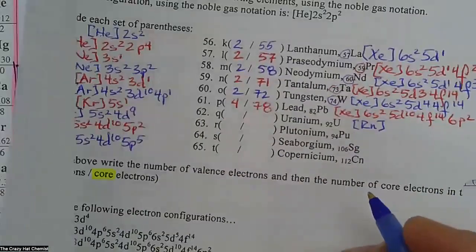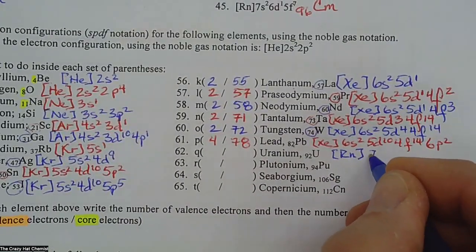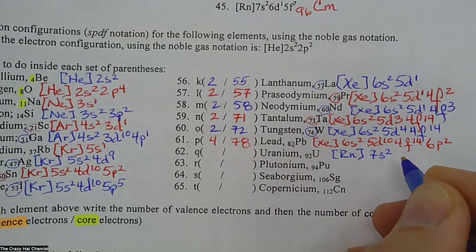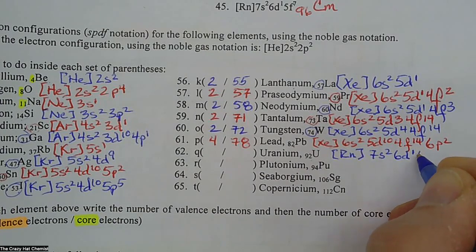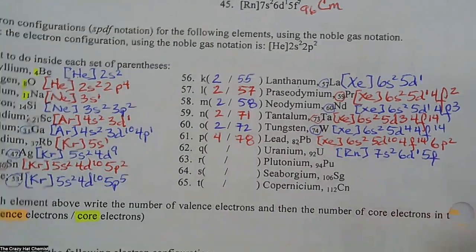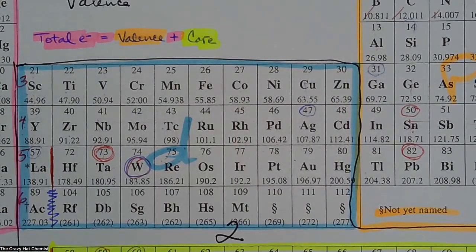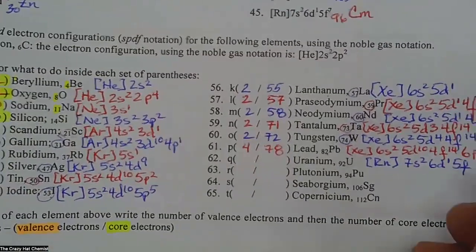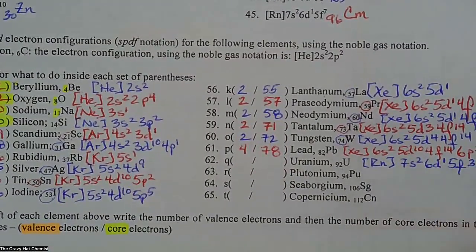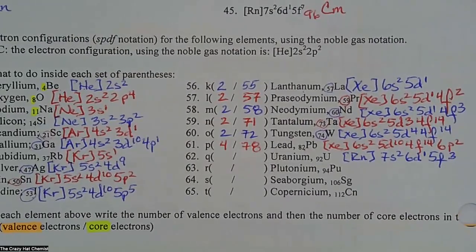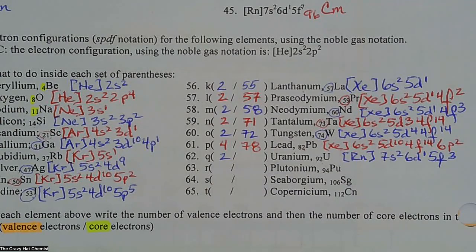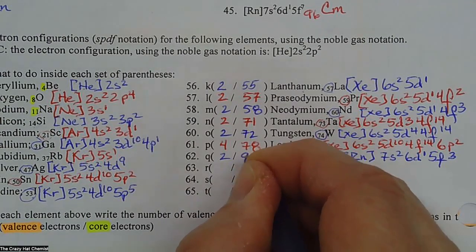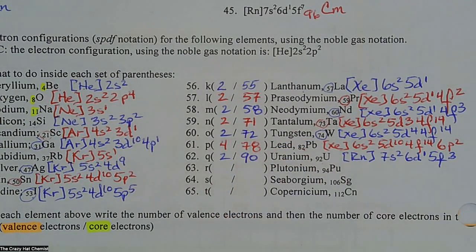And then it is 7s2, 6d1, and 5f3. Perfect, just like that. Uranium is in the boot. So it has a total of 92 minus 2, that's 90 core electrons.